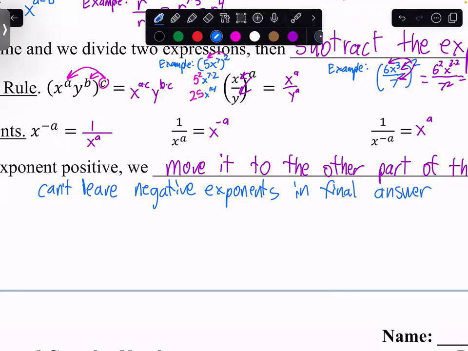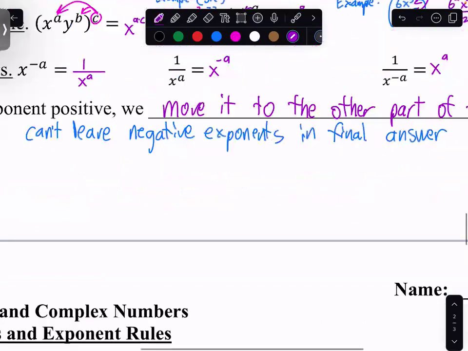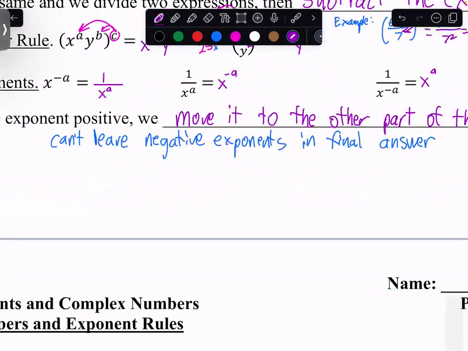Okay, so in order to be simplified, you are not allowed to have any negative exponents. Okay, in the middle of the problem you can, but for your final answer, there cannot be any negative exponents. Okay, so we're gonna do a couple examples at the bottom here.